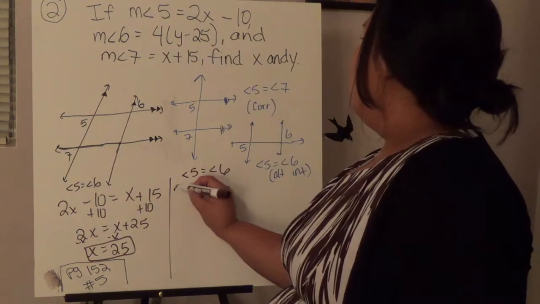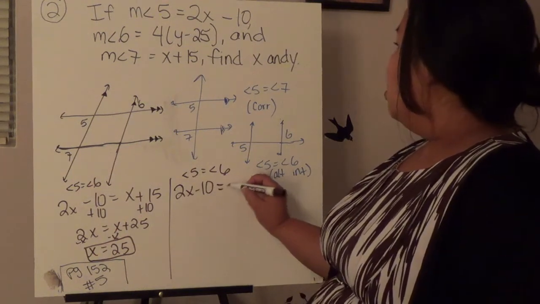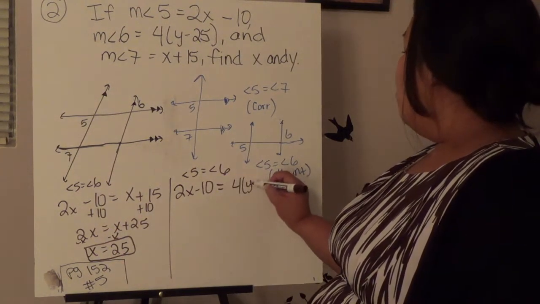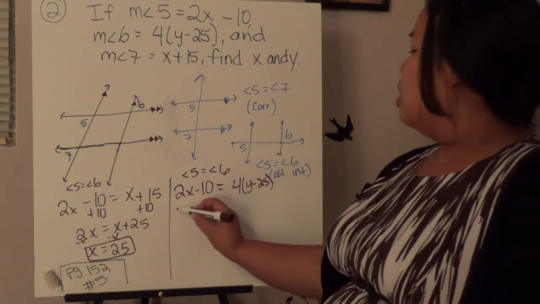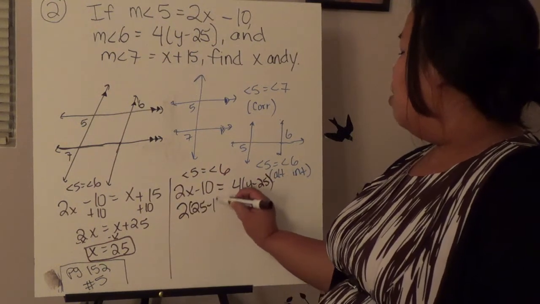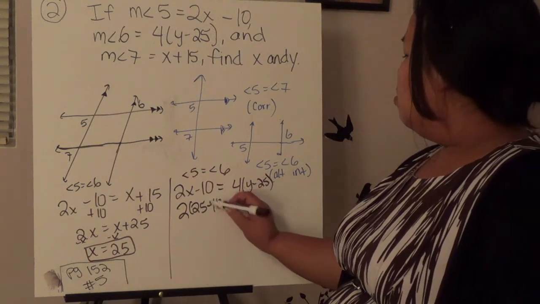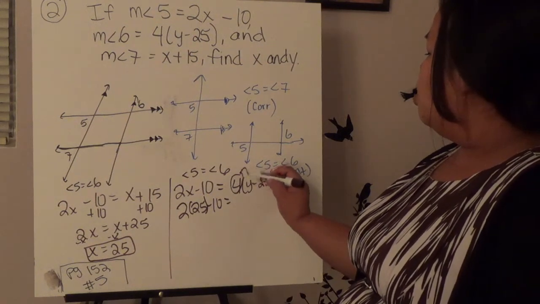Now I can do angle 5 equals angle 6. So I'm going to have 2x minus 10 equals 4y minus 25. So here I'm going to plug in x. My x is 25, so 2 times 25 minus 10 equals, and I'm going to take this 4 and distribute it.